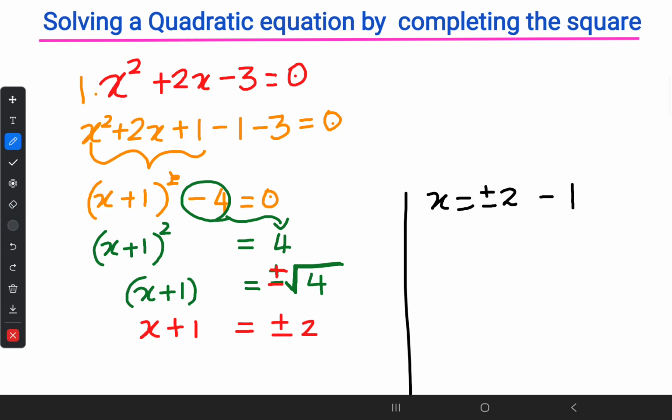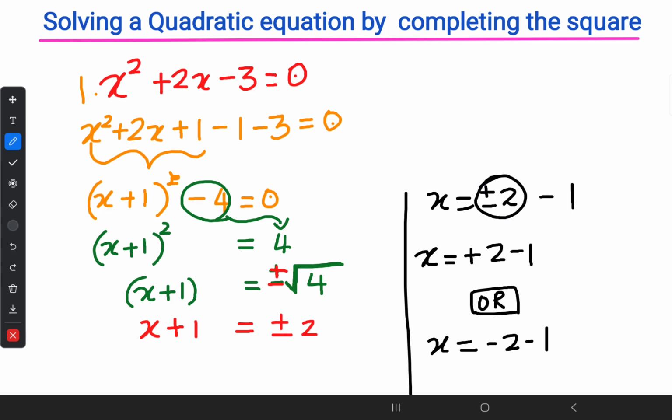I told you that in a quadratic equation, x will have two solutions. So one solution with positive 2: x is positive 2 and this minus 1. This is a constant, we cannot change that. This is one solution, or another solution with the negative quantity: x is equal to negative 2 minus 1. This is also another answer.